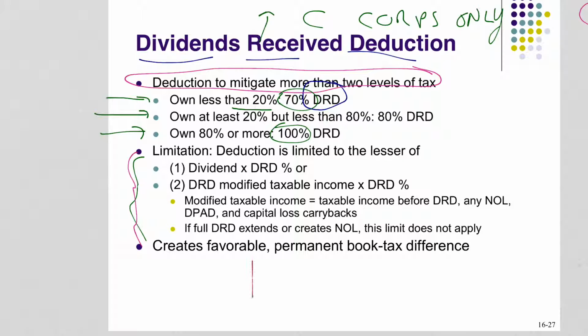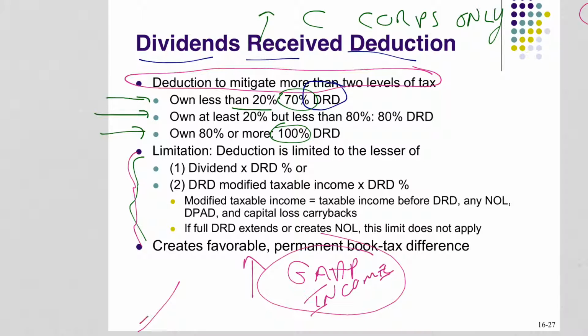Notice finally, before we go to the example, that this does create a favorable permanent book tax difference, because for GAAP, dividends will be income in many cases, or at least in some cases, depending on what type of GAAP you're using. In some method, dividends received are recorded for GAAP in some manner on financial statements.